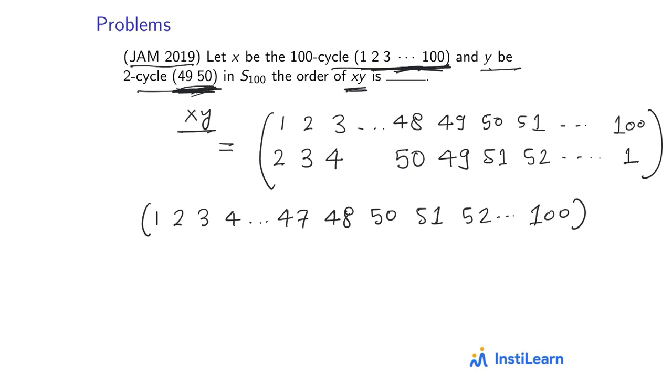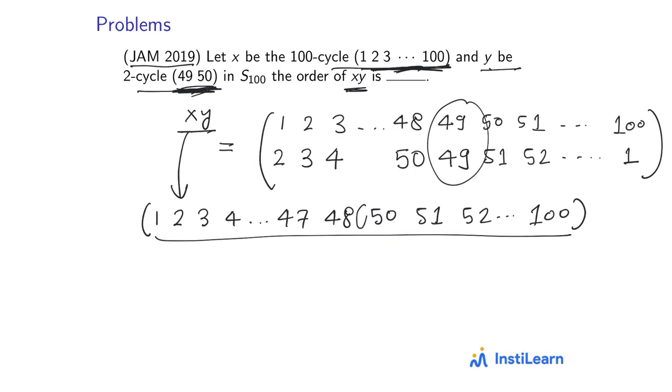Okay, and what is the number missing here? 49, which is fixed, so we don't need to write that. So basically this permutation is this cycle. So then we have to just find the length of this cycle, and that will be the order. So all the numbers are there from 1 to 100 except 49. So the length of this cycle is 99, and so the order of this element will also be 99.